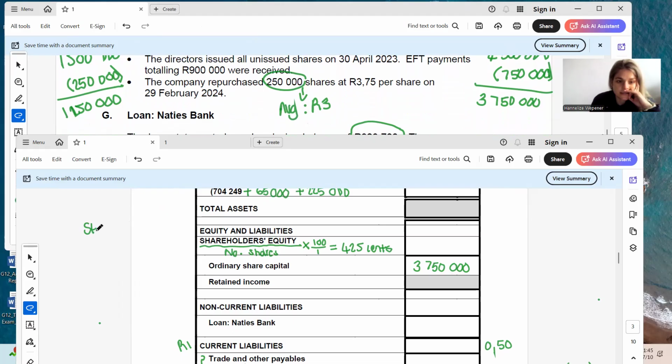So I'm going to just say that it's shareholders' equity over the number of shares in issue, we had 1.25 million shares in issue. Okay. Then when we set that times by 100 over 1, it gave us 425 cents.